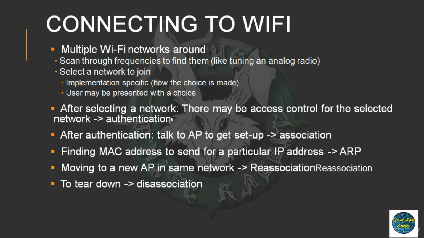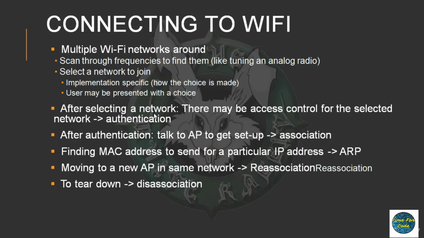So you're not changing your IP address, you're moving around within the same network. You just need to handle things at layer 2 to reassociate with the corresponding new access point. And then once you do that, you're good to continue with communications.